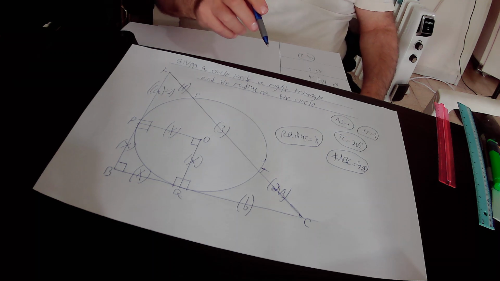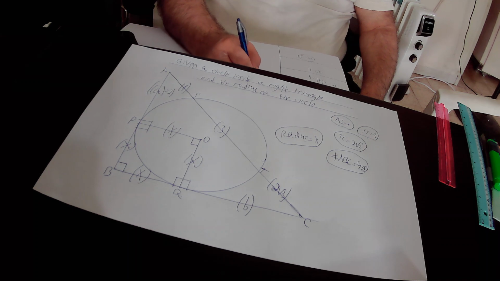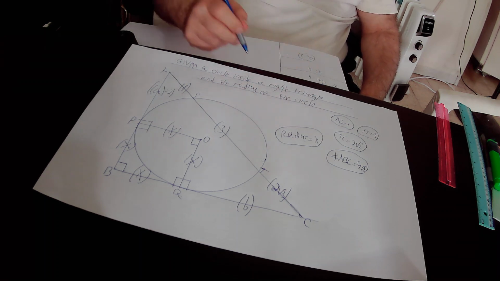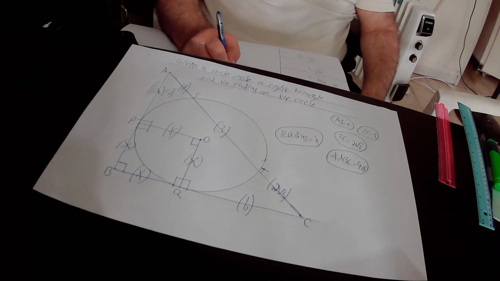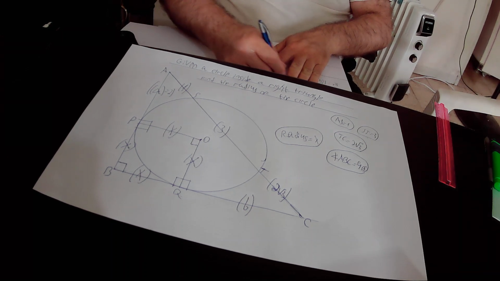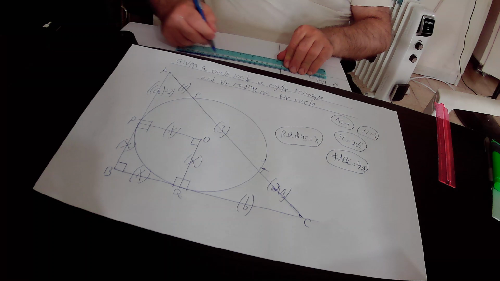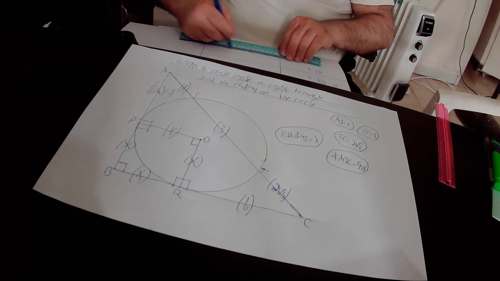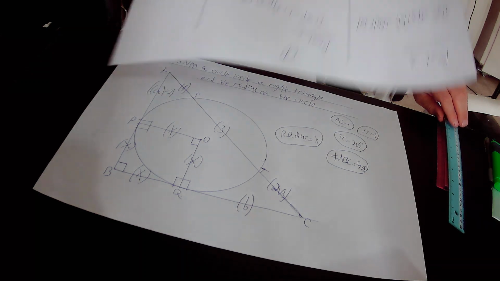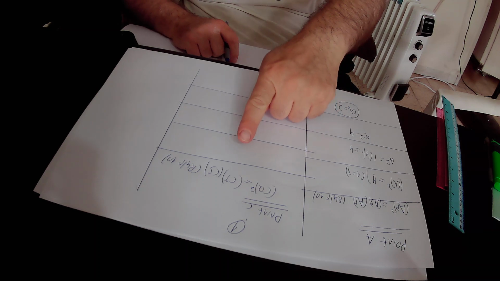According to rule 10, CQ square equals CT times CS. Again, according to rule 10, if you focus on the common standpoint, point C, CQ square must be equal to CT times CS.